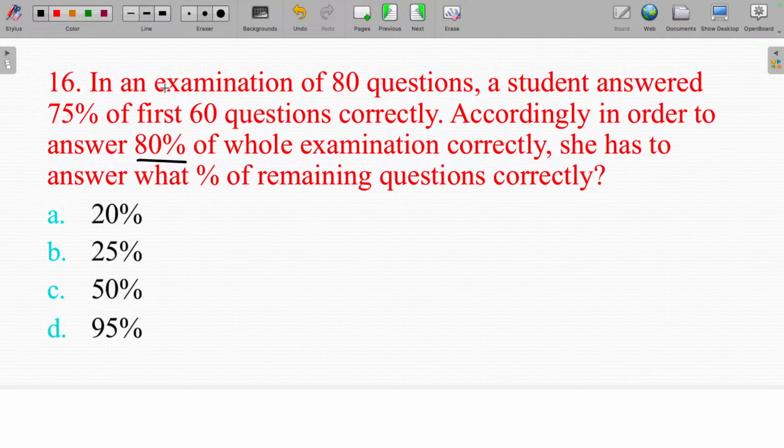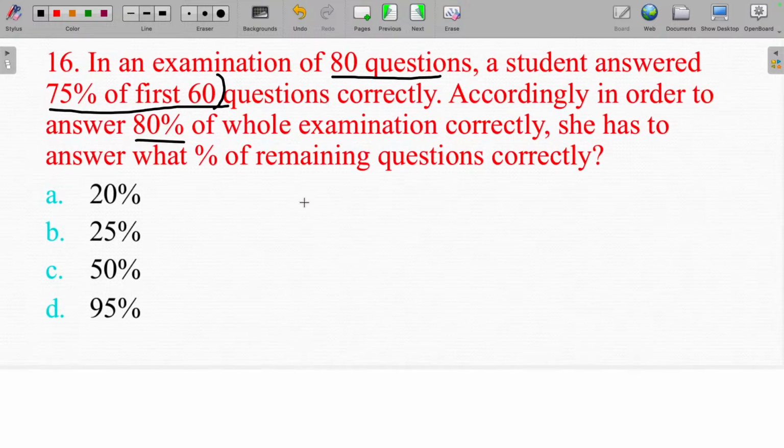In an examination, they actually have 80 questions, but a student answered 75% of the first 60 questions. She attended 60 questions, she answered 75% correctly. Good. Navneet replied. YouTube, good. Now, what is the meaning of this?